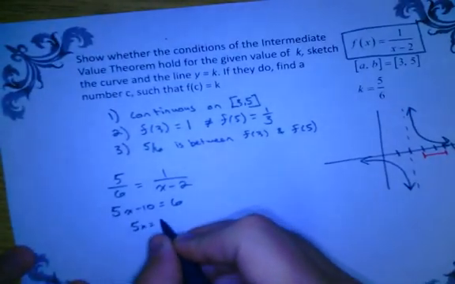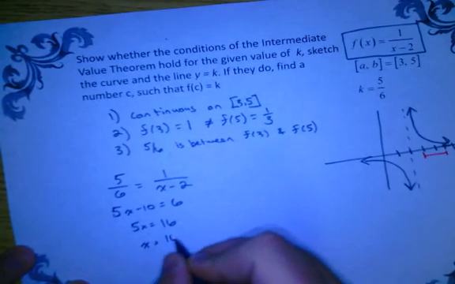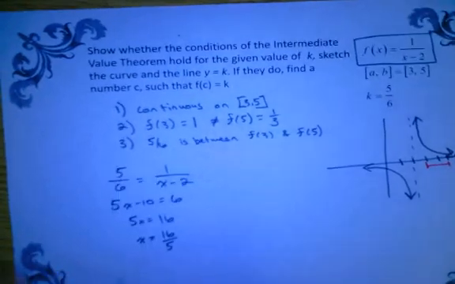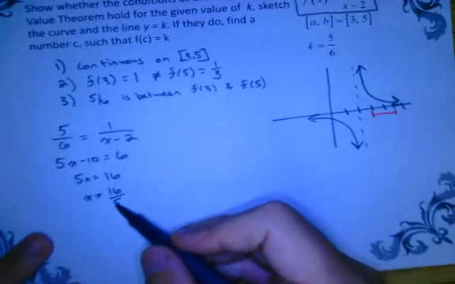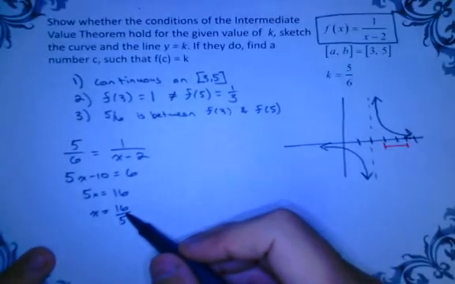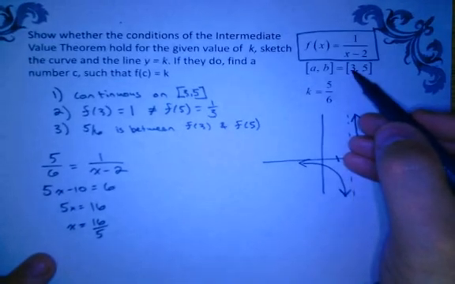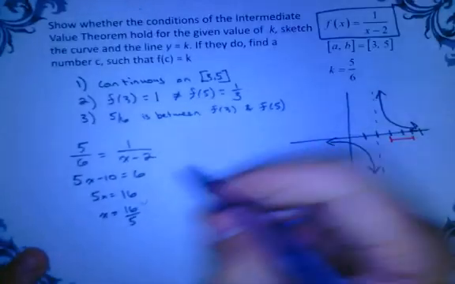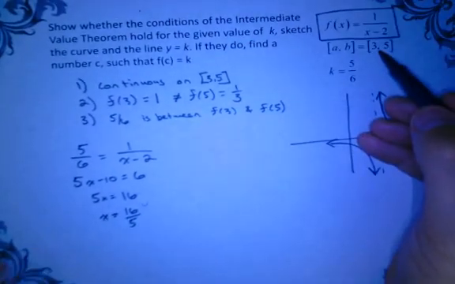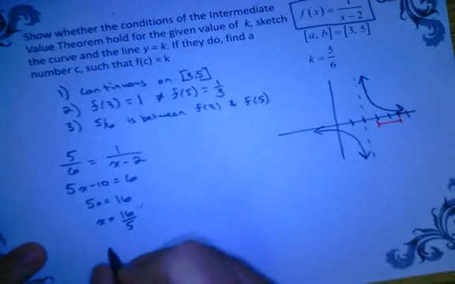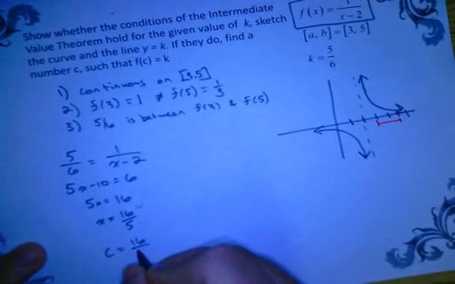You're going to get 5x equals 16. You're going to get x equals 16/5. Okay? You make sure this is in your domain here, or your given interval from 3 to 5. You have to check that it's in there. Sometimes it won't be, or sometimes you get multiple answers and you figure out which ones work. So this works, so this will be our c value.